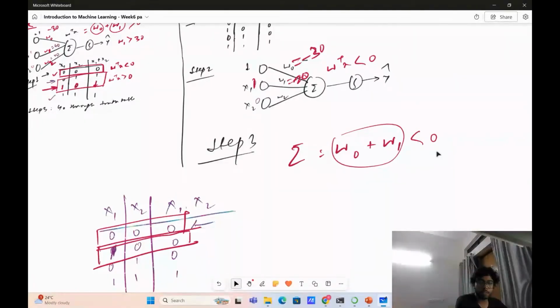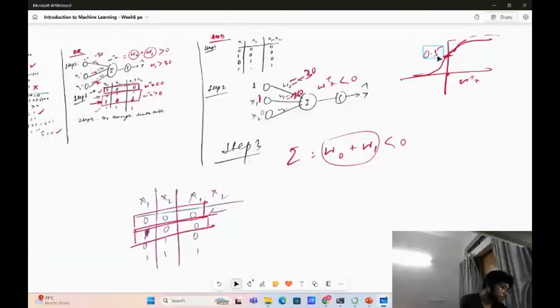Actually, equal to 0 is not well defined. If you remember the sigmoid function, when W transpose x is 0, it is not well defined.